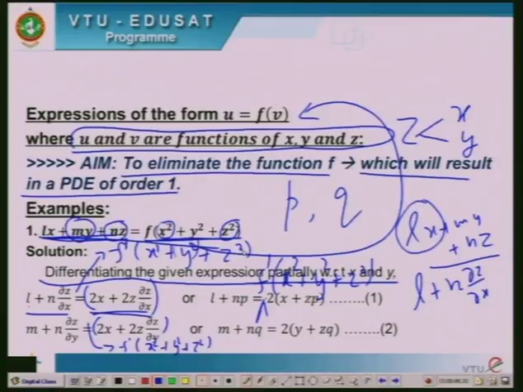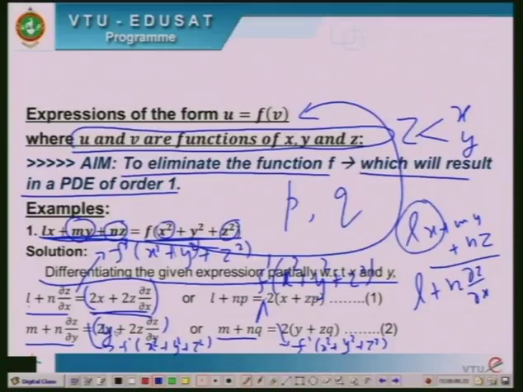So, if you use the notation, m + n ∂z/∂y becomes m + nq equal to f'(x² + y² + z²) into, take the common factor here, 2 times (x plus, since ∂z/∂y is q, you get 2 times (y + zq)), with respect to y.